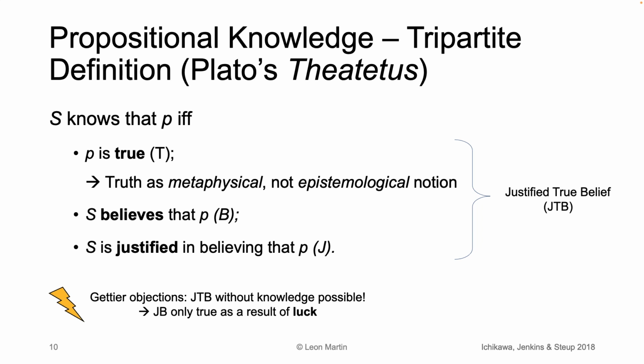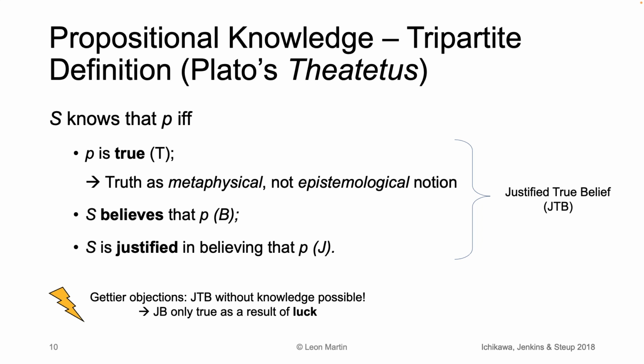All right, the second notion is S believes that P. In order to know something, you first have to build your hypotheses, your beliefs for that. And S is justified in believing that P. So you need a reason why you believe P. It became something of a convenient fiction to suppose that this analysis was widely accepted throughout the history of philosophy.